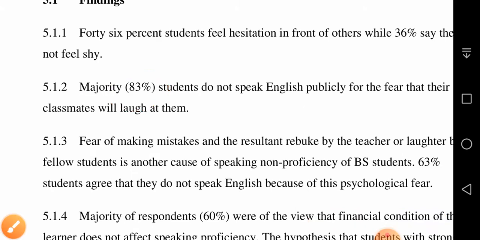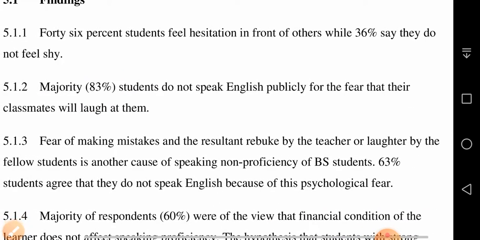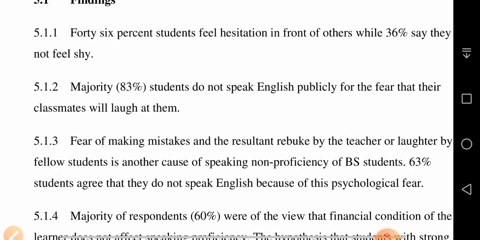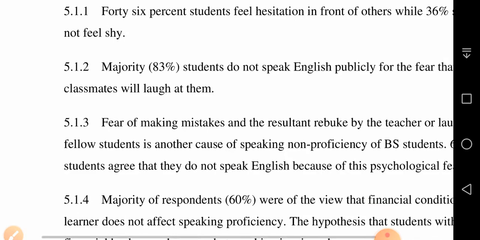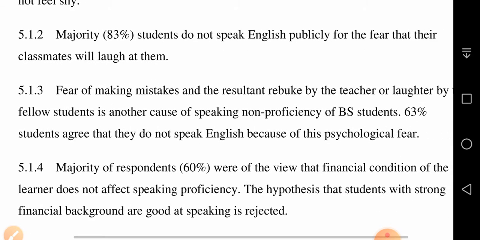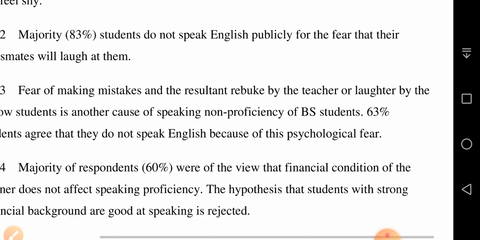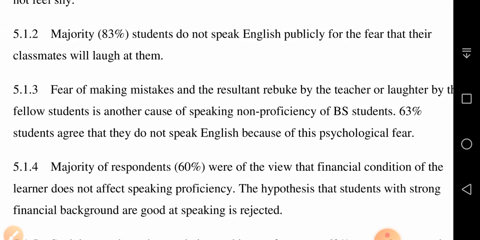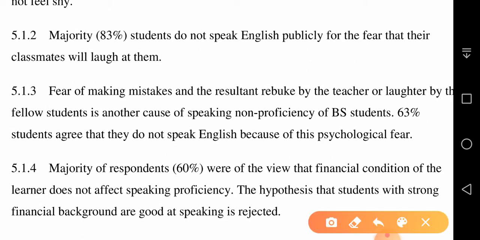Majority, that is 83% students, do not speak English publicly for fear that their classmates will laugh at them. This is another finding. Fear of making mistakes and the resultant rebuke by the teacher or laughter by fellow students is another cause of speaking non-proficiency of BS students. So 83% students, this is the finding.